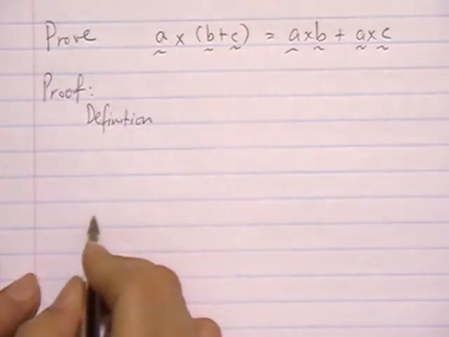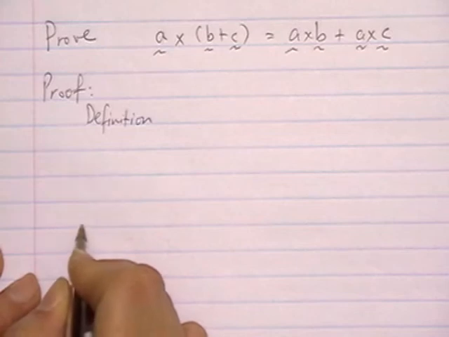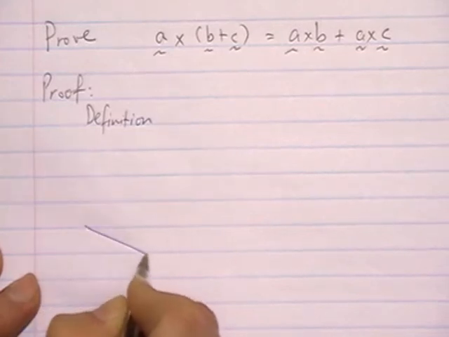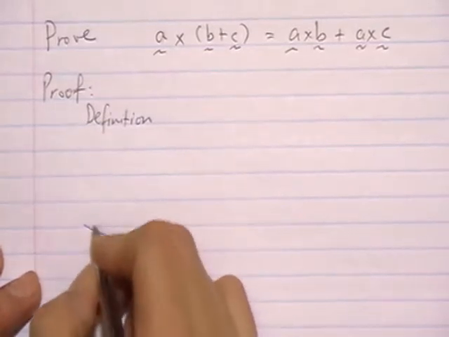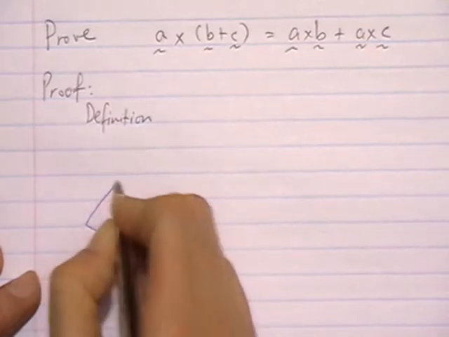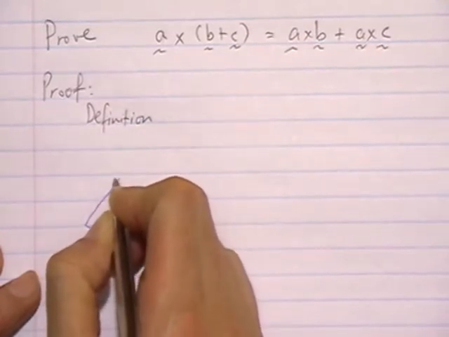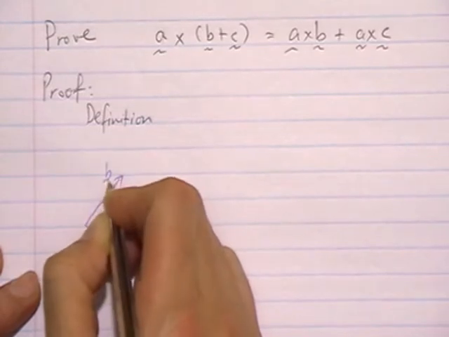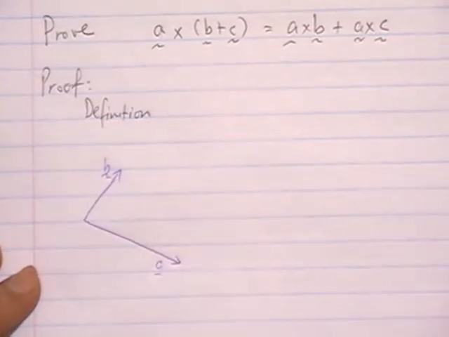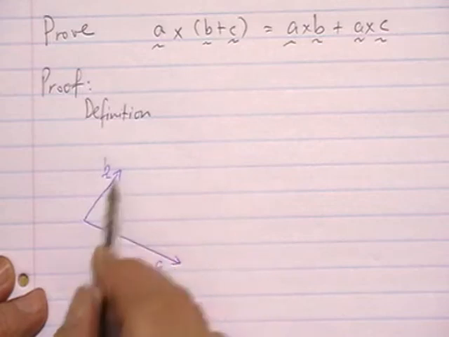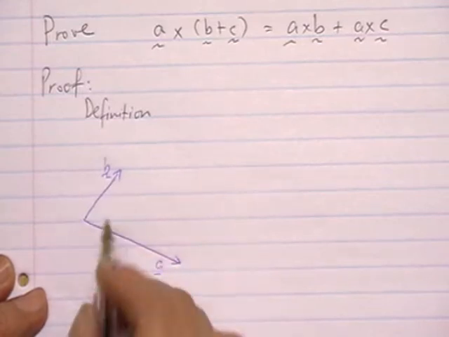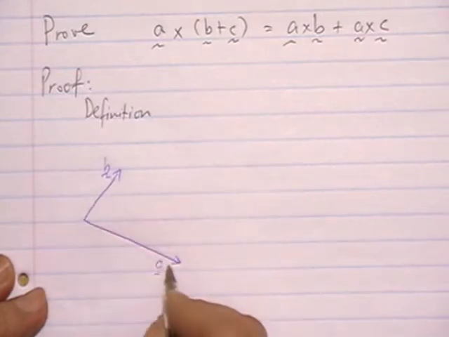Okay. So suppose that this is the vector A and this is the vector B. Now this is supposed to be in 3D, so the cross product would be perpendicular to both of these vectors.